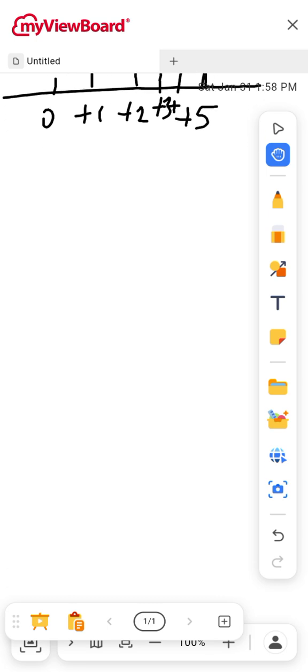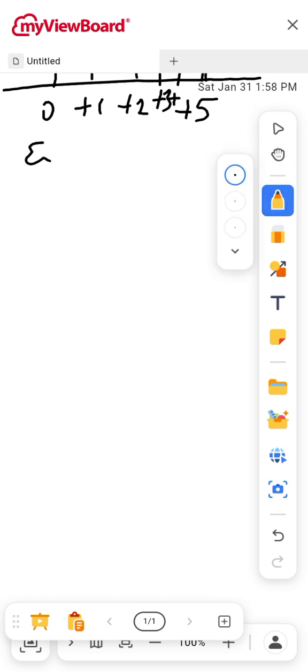Let us look at another example. You may be asked to solve x minus 8 less than or equals to 10, or let me say x minus 8 less than or equals to minus 2. The same way we normally solve our equation is the same way we will solve our inequality. In this case, you collect like terms.